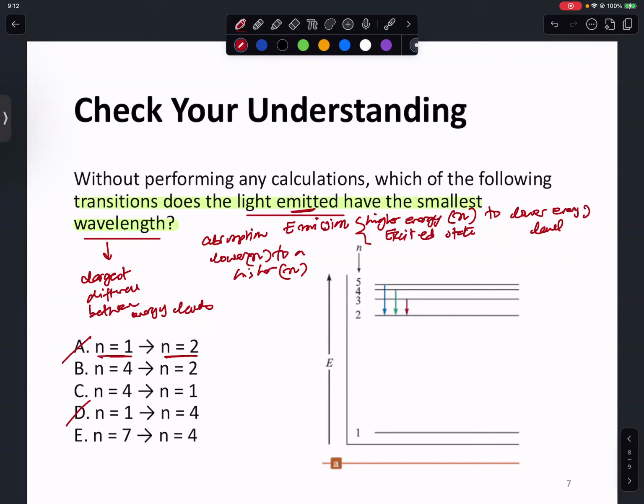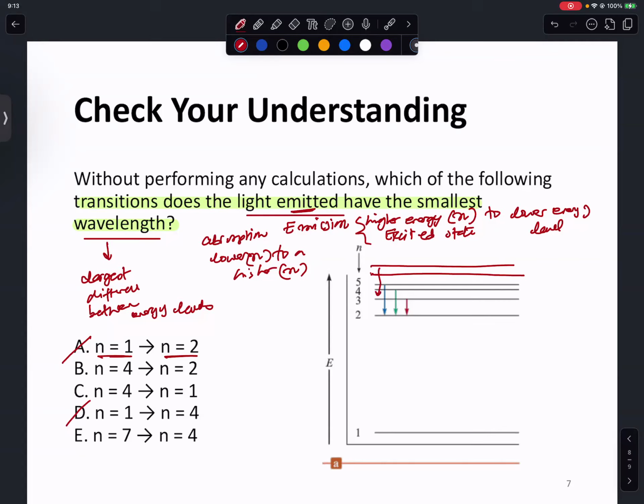So between B, C, and E, again, I put this diagram for you, or picture, so you can have a more visual way to process the information in the question. So 7 to 4, something here, like around here, so maybe 7 is very close to 5 and 6, which will be very close to 4.